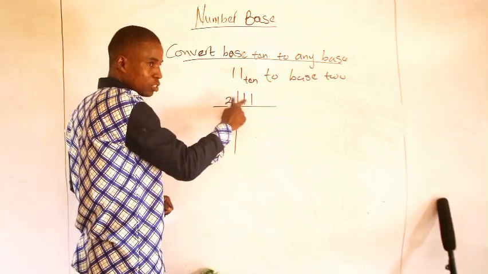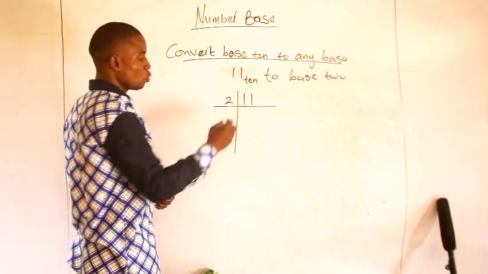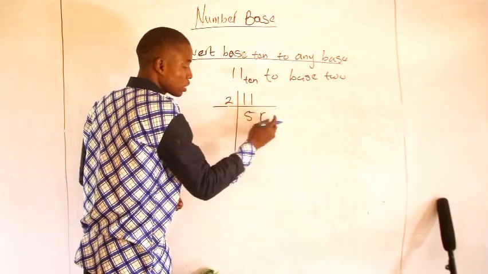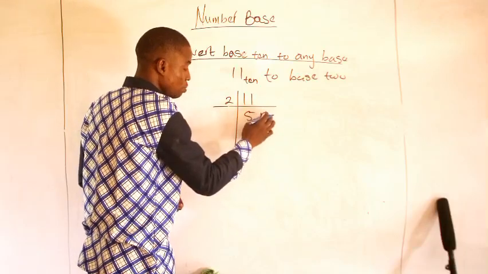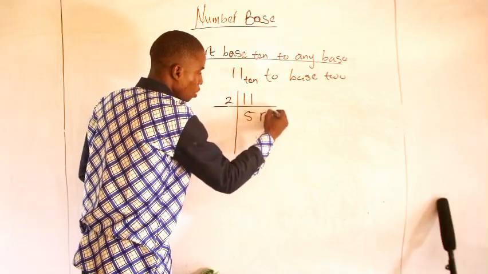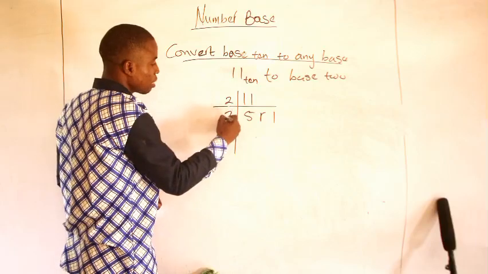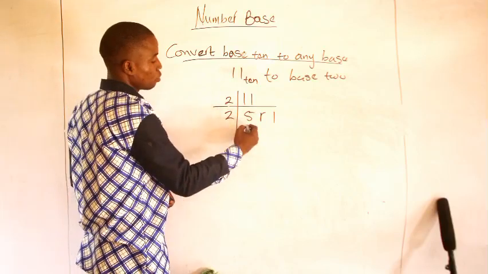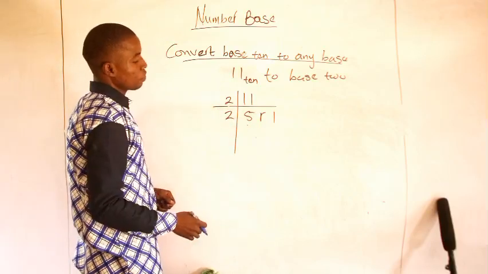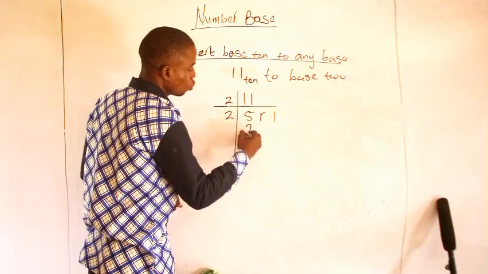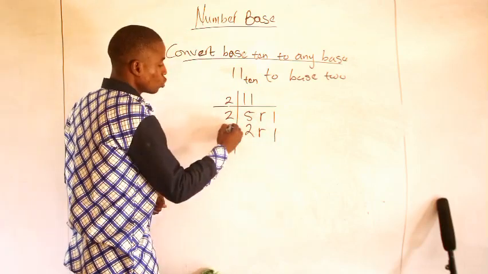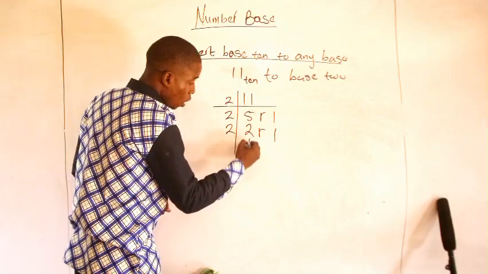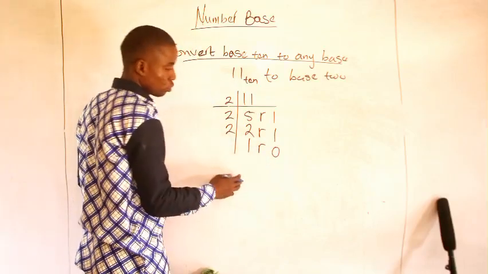Now you will be doing like this. 2 divided by 11 is 5, remainder 1. The same thing, 2 divided by 5 is 2, remainder 1. 2 divided by 2 is 1, remainder 0.